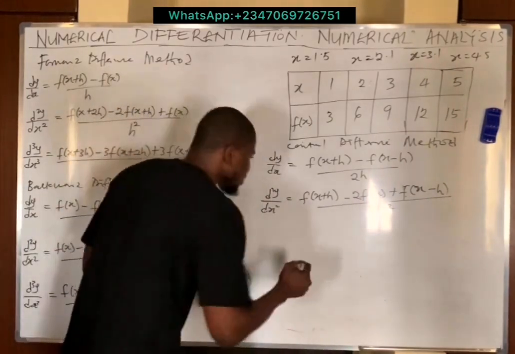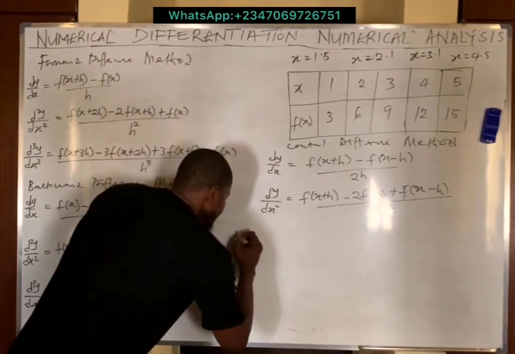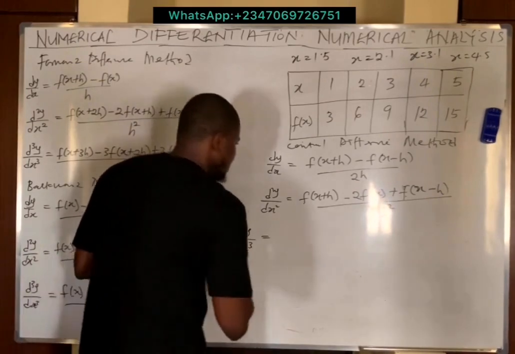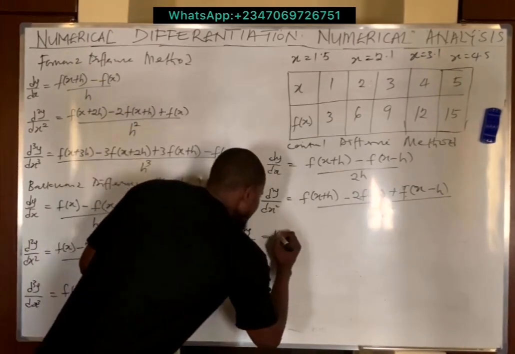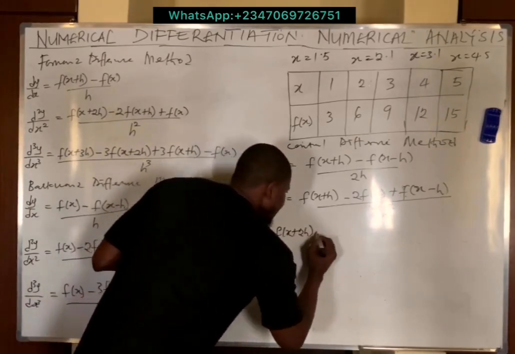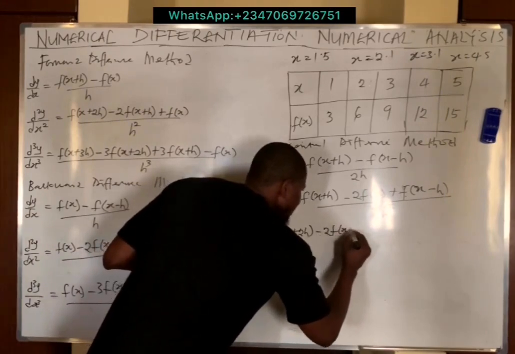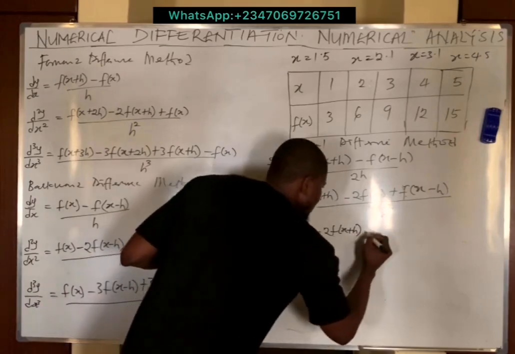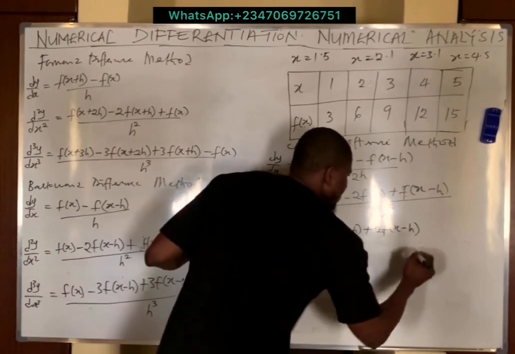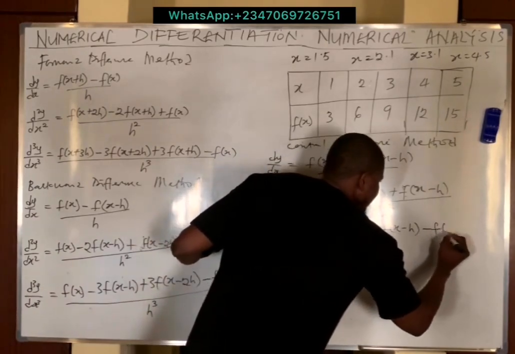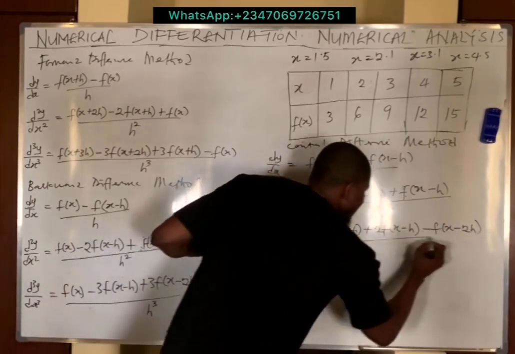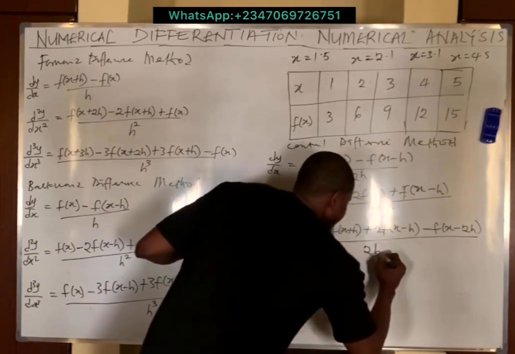And finally, for the third derivative, d cubed y over dx cubed, using the central difference method, is equal to, you have f of x plus 2h minus 2f of x plus h plus 2f of x minus h minus f of x minus 2h, all over 2h cubed.